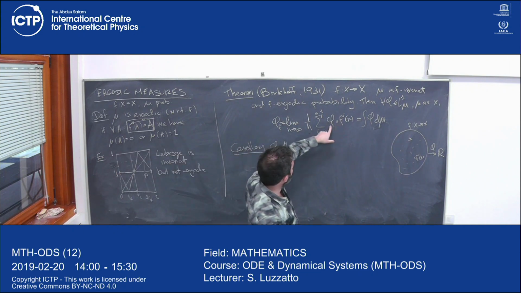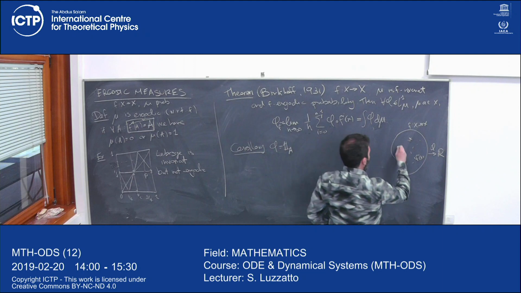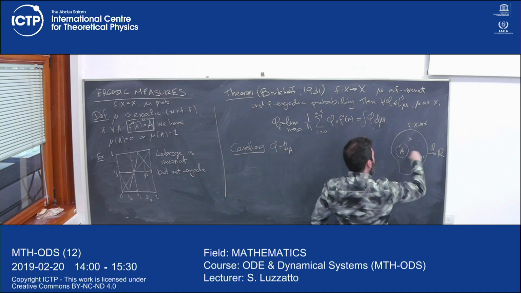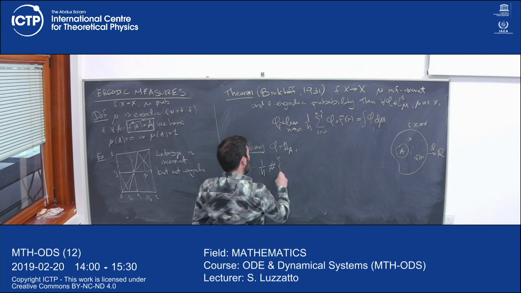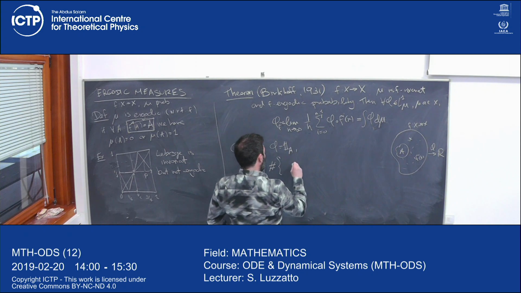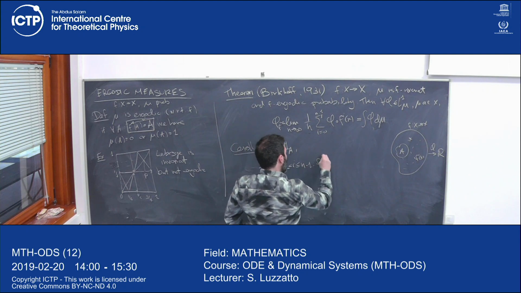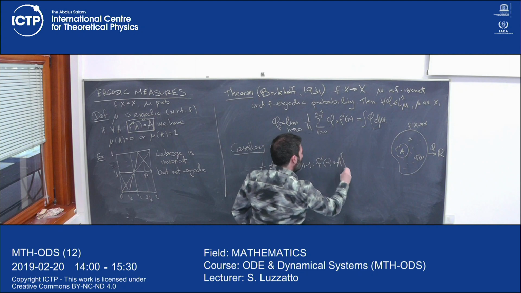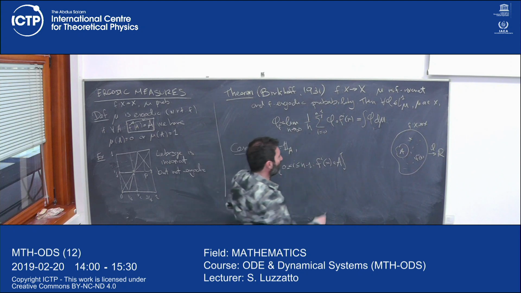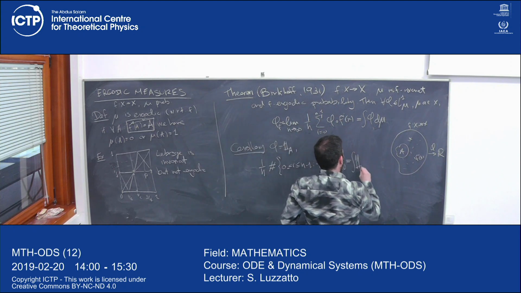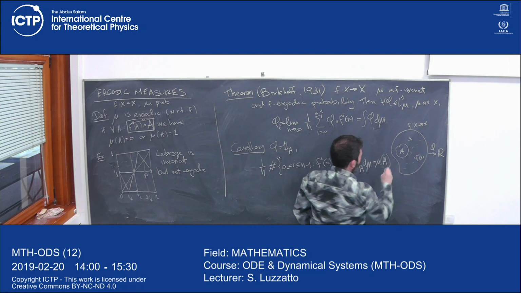Remember, we said if phi is a characteristic function, this is just counting the average number of times that the orbit belongs to A, right? So this gives 1 over n times the cardinality of the indexes i such that f^i of x belongs to A. Right? This is exactly this. And this limit converges to the integral of the characteristic function of A d mu, which is the measure of A.